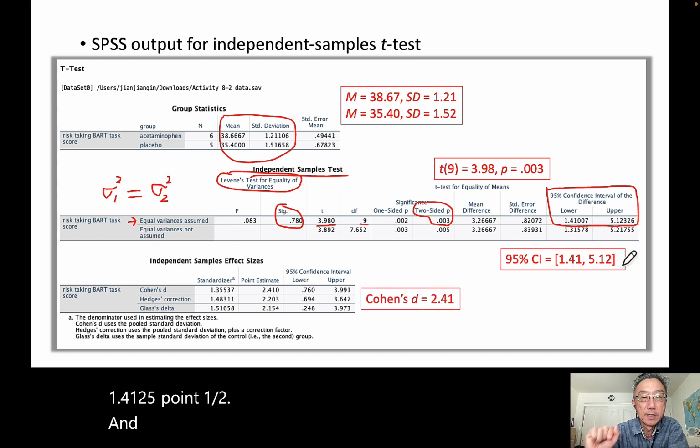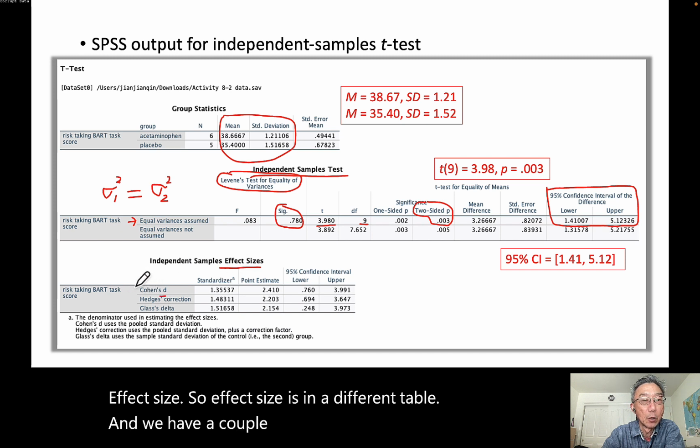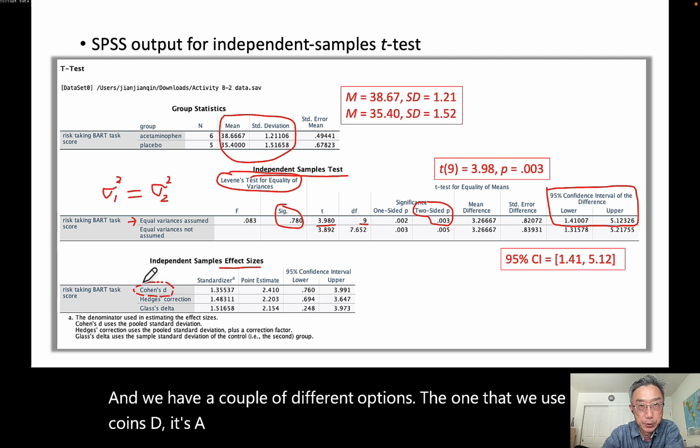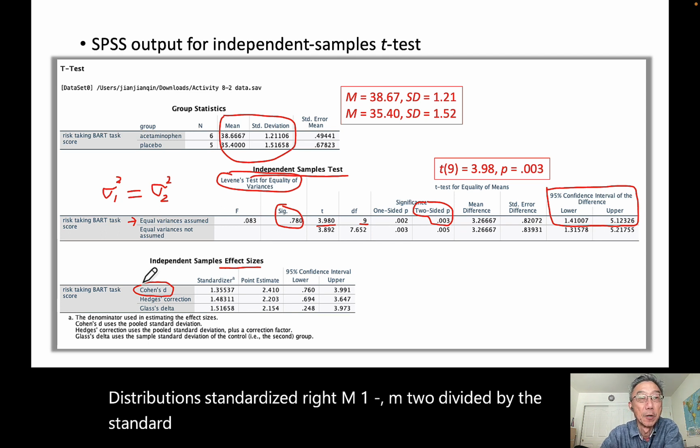And effect size. Effect size is in a different table, and we have a couple of different options. The one that we use is Cohen's d. It's the distance between the two distributions, standardized: M1 minus M2 divided by the pooled standard deviation.